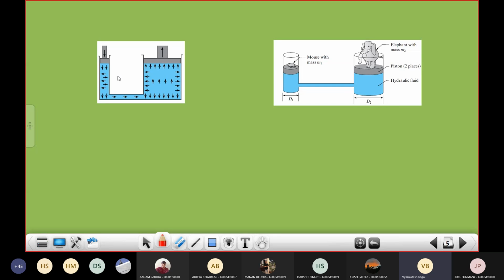Getting me or not? So the idea is, you can lift a heavy object using a small piston cylinder arrangement like this, and the analogous representation is shown here on the right hand side.